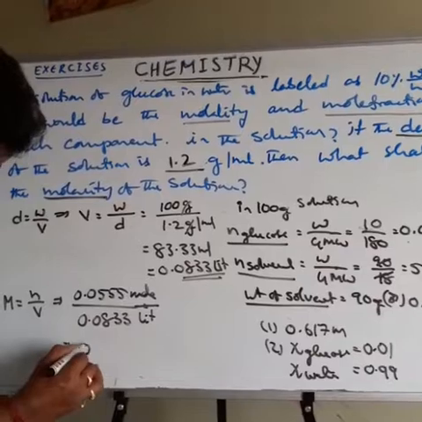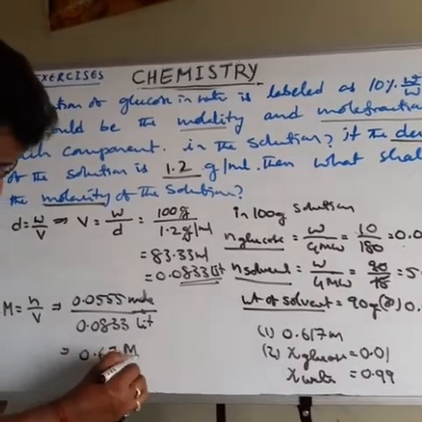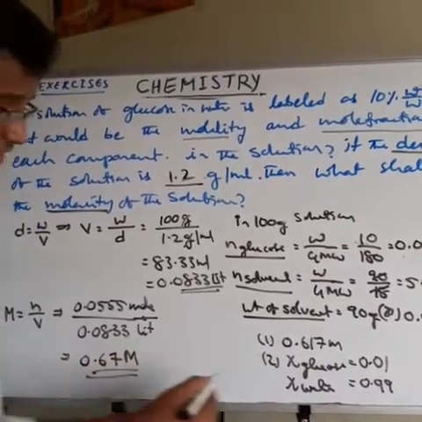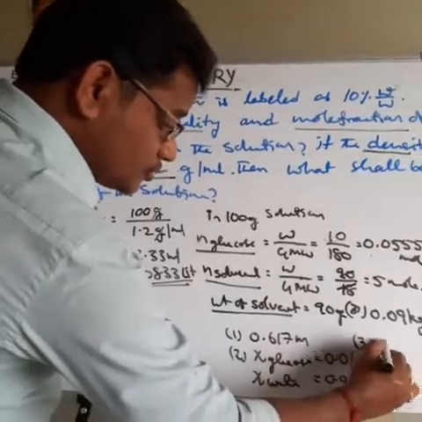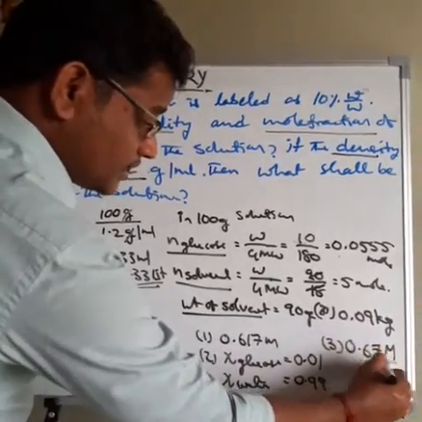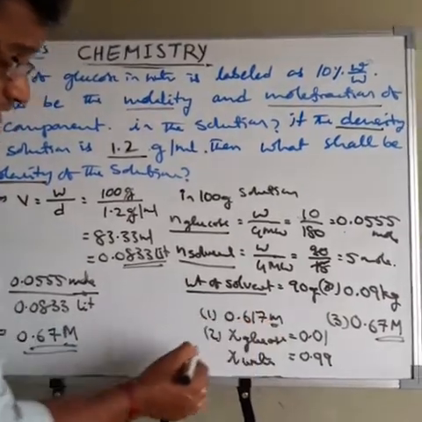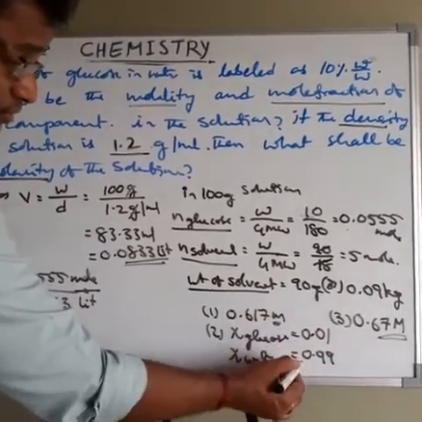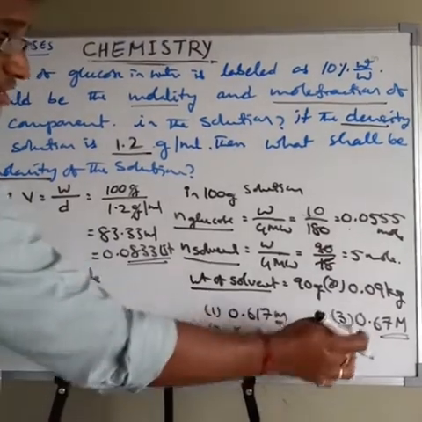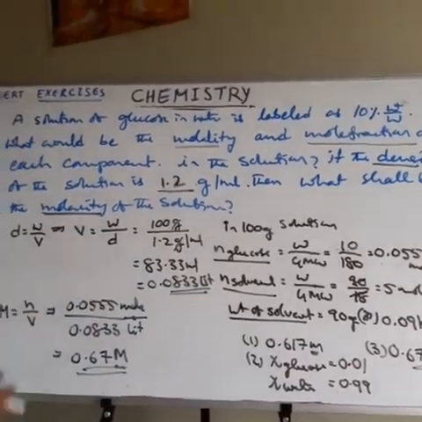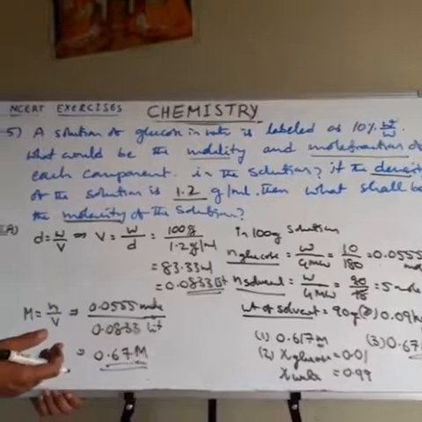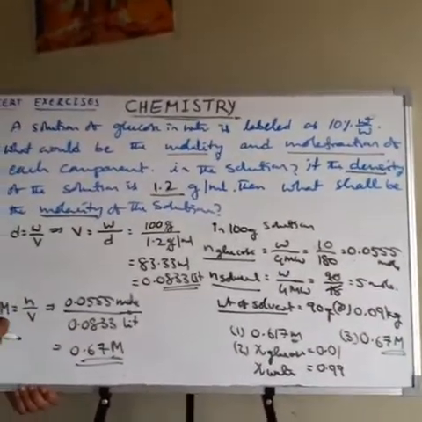Its value is 0.67 molarity. So the third one is 0.67 molarity. Molarity means capital M, molality means small m; that is the difference. These are the mole fractions of solute and solvent, and this is the molarity of the solution. So this is about question number 5. The remaining questions we will discuss next class.